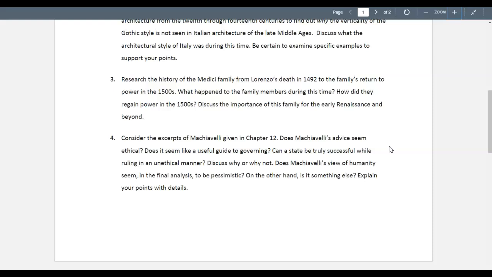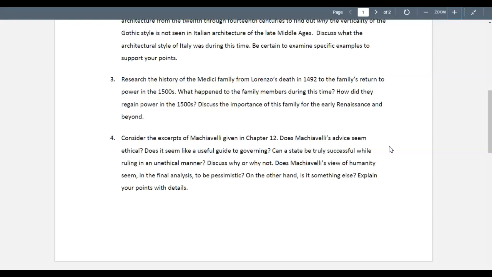In the next topic, in chapter 12, you have a little bit of excerpts from The Prince by Machiavelli. And I ask you to consider how that advice that he offers was employed and is employed. So you get to argue a little bit about agreeing with or disagreeing with Machiavelli's advice, and how his view of humanity, as it says here, is it really pessimistic, or is it something else?